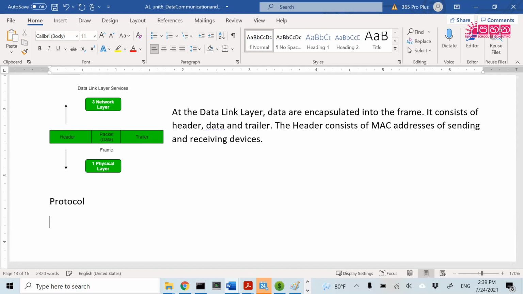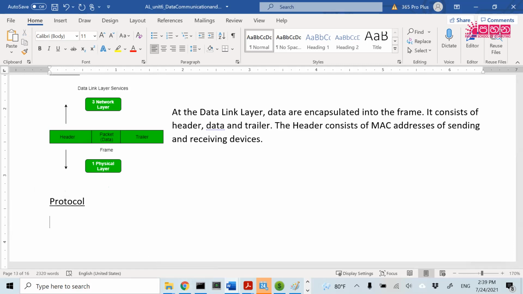The subtopic that we are going to discuss is a protocol. If you ask me, what is the protocol? It's how exactly you are going to transmit data from one device to another.